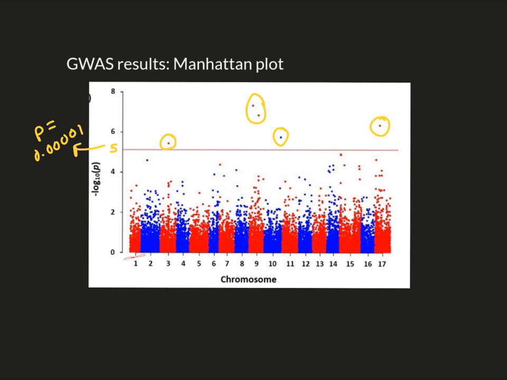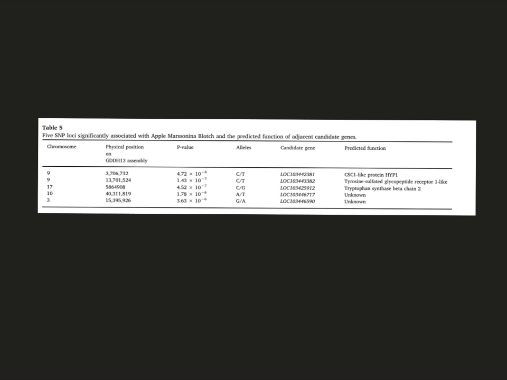The next question is, what are those SNPs? Are they close by any interesting genes? Here are those SNPs in a table form in this paper. So again, we had the two on chromosome 9, one on chromosome 17, one on chromosome 10, and one on chromosome 3.